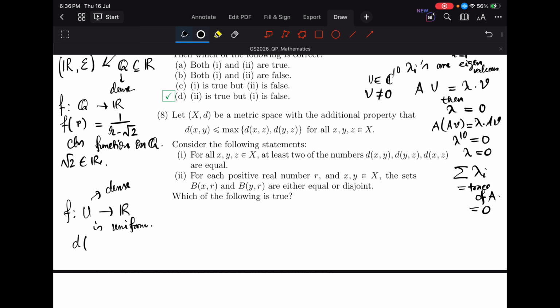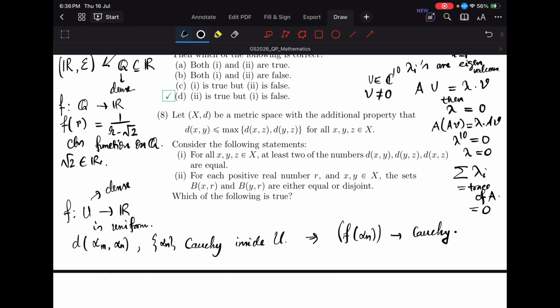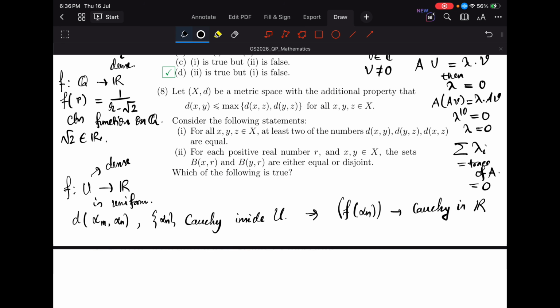That if you have a Cauchy sequence, let's say alpha n is Cauchy inside U, then you have f of alpha n is also Cauchy in R. So every Cauchy sequence is convergent, right?